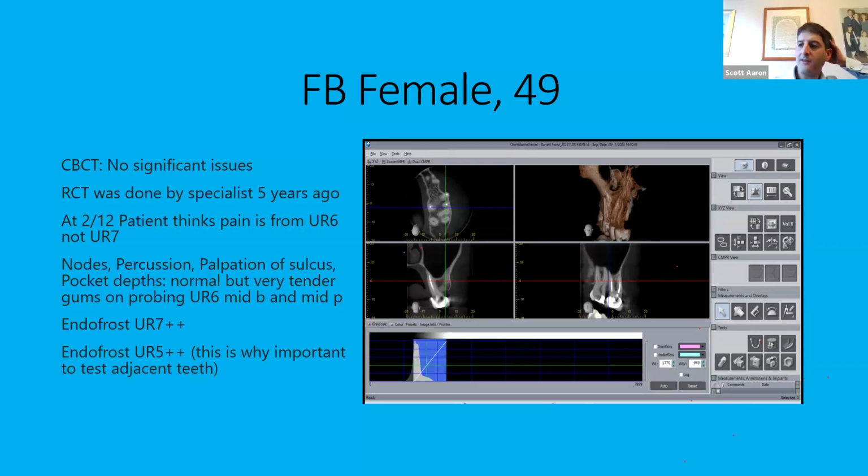Because if you just test the one tooth that you think is relevant, you end up potentially saying, that's really hurting, that must need treatment. Well, if all the teeth are really sensitive to cold, maybe they don't. Cavity floor fracture, possible. Not visible on the high magnification, but possible as another diagnosis.